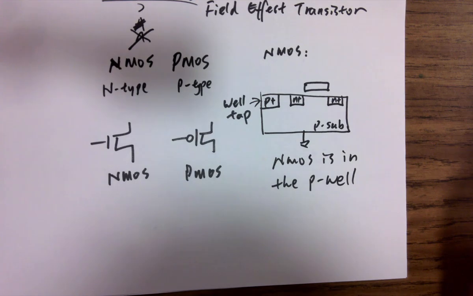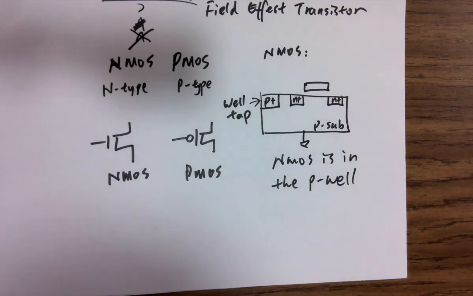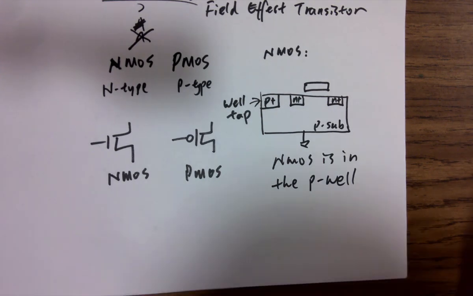But now you need to know that the P sub needs a P plus as a well tap, no matter what kind of technology they are going to use. It's either next to the transistor or in the row at the end of the row of the chip. You'll see that with Cadence later.